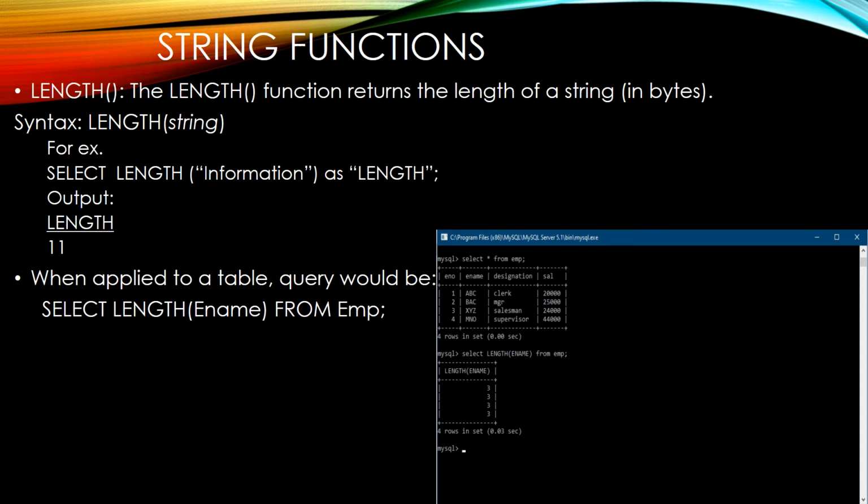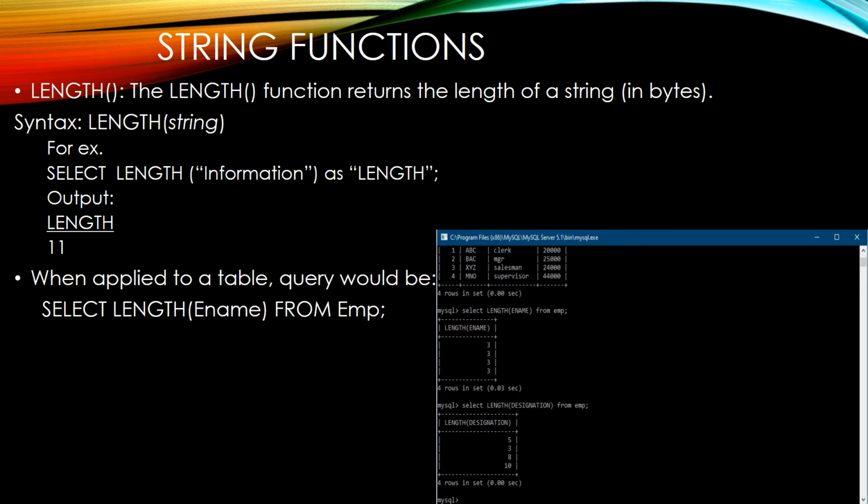Now in every name 3 characters are present, so it is showing 3. If I check for the designation field, then it will show the number of characters present in every designation. In the first, 5 characters, so 5. In the second, 3, so it is showing 3. Then 8, then 8. So this way this function works.